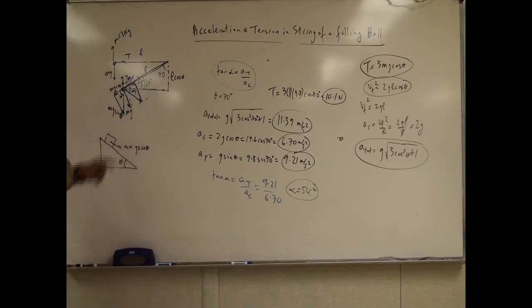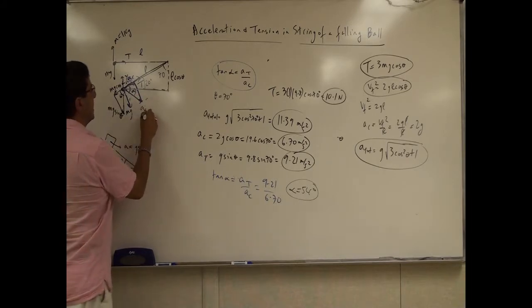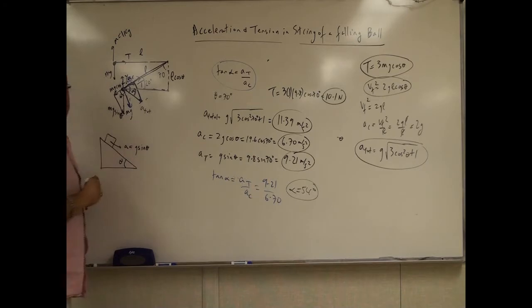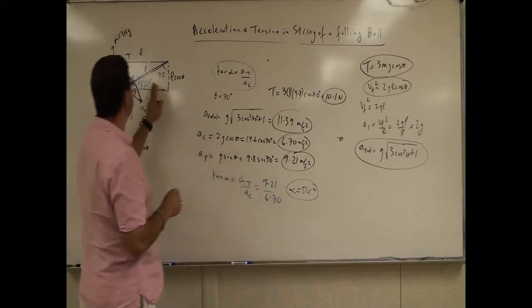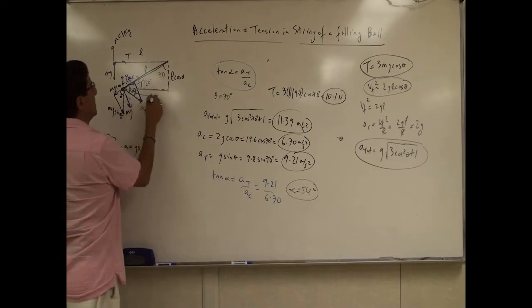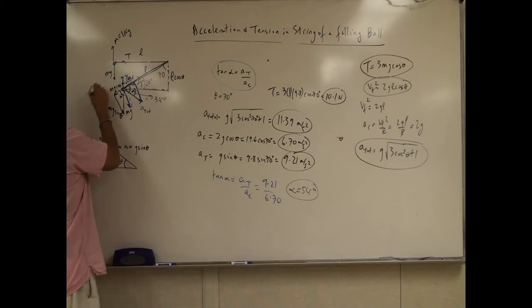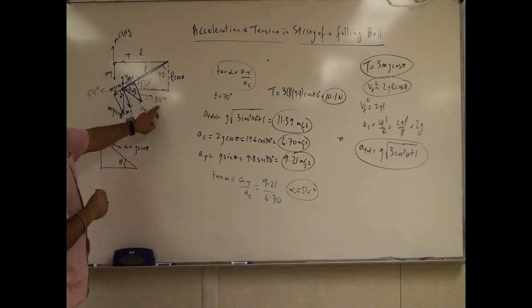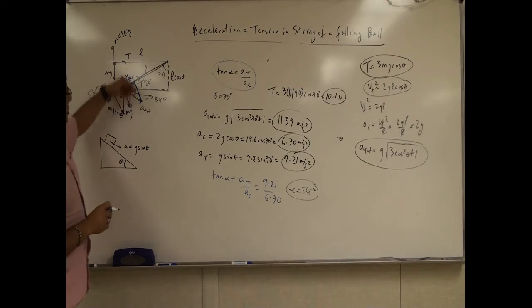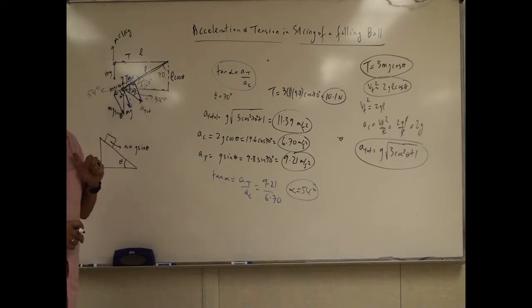In other words, how many degrees below the horizontal is the A total vector? So we say 54 minus 20, then this angle is going to be 34 degrees, right? Because this whole thing is 54 degrees. You subtract 20 from there, and then you get 34, right? So the vector A total will be 34 degrees below the x-axis, below the horizontal, right?